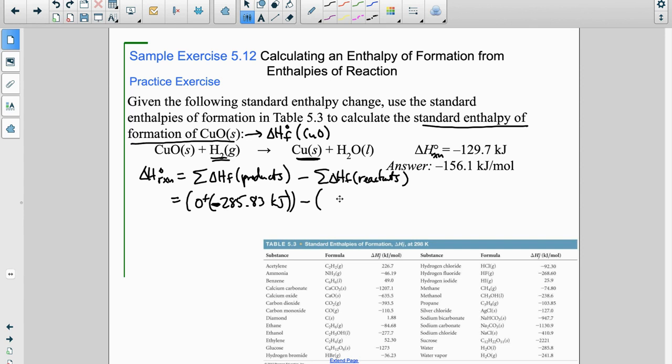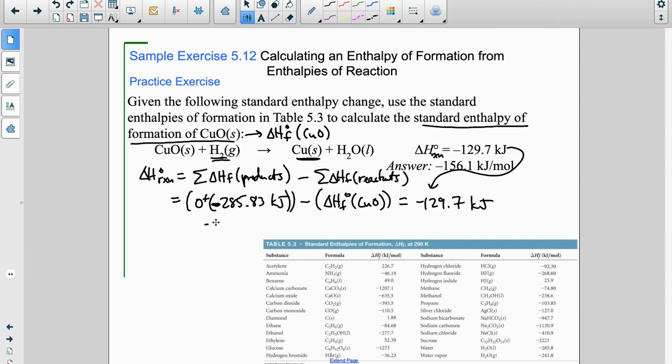And you can see it's not in the table here. So delta H CuO, and that is going to be equal to our delta H of reaction. Notice we have this value this time. Instead of calculating it, we have this, and we're calculating one of the heats of formation instead.